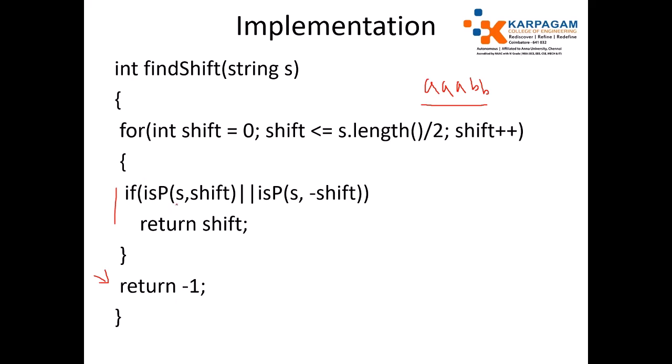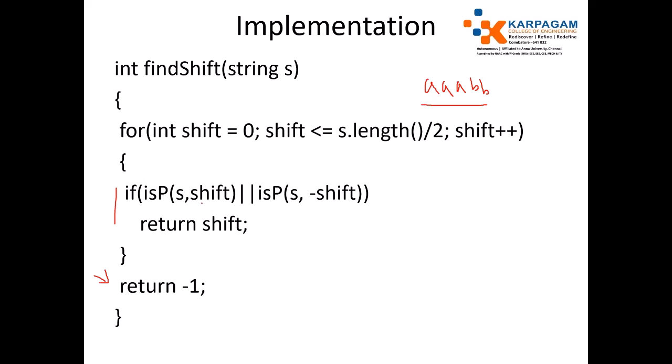For example, I have s here. S is a string. Shift is the number of shifts you made. If you give 0, it means no shift is made, checking whether it is a palindrome or not without shifting. If it is already a palindrome, the shift will be 0.